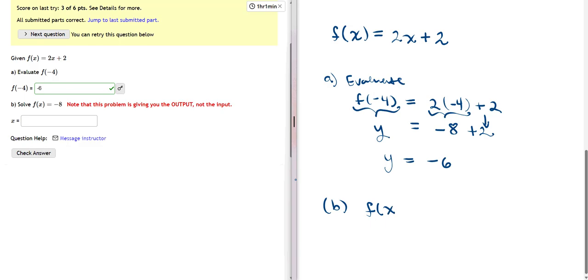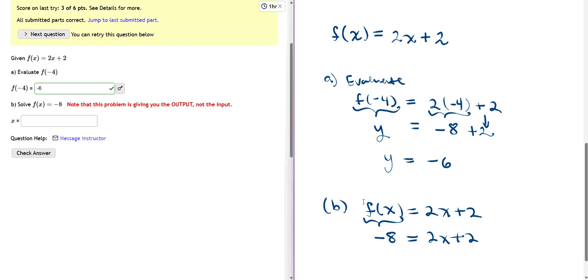So I'm going to write the function again, and then I'm going to replace the f of x part with -8 because it says f of x is equal to -8. So I can write -8 instead of writing f of x. Then I can solve for x.